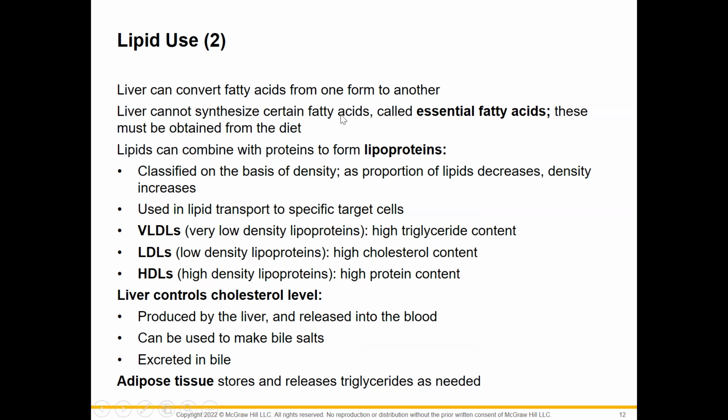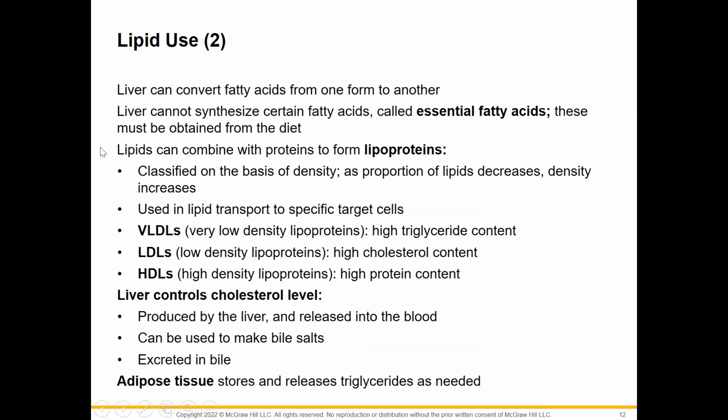So even if these are fatty acids that your body absolutely needs to function, if your liver cannot synthesize them, then we consider those essential. So we already talked about your essential nutrients. These are ones that your body cannot produce. We're being more specific now that we have some fatty acids that are essential because our body needs them, but we don't produce them on our own. We have to obtain them from the food that we eat.